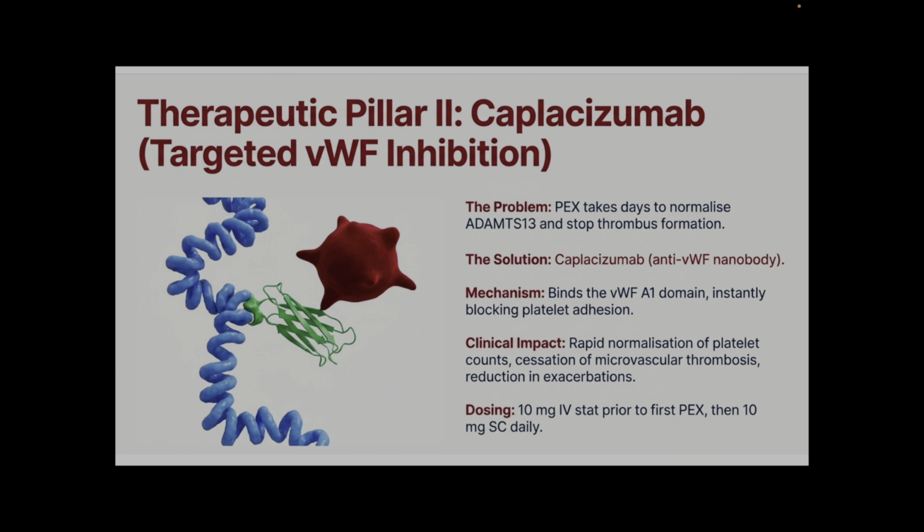By targeting the A1 domain of von Willebrand factor, it rapidly blocks platelet adhesion and therefore interrupts ongoing microvascular thrombosis. So this explains its clinical value in acute immune TTP. If I had to summarize this slide in one sentence: plasma exchange treats the cause, caplacizumab rapidly blocks the ongoing thrombotic process.